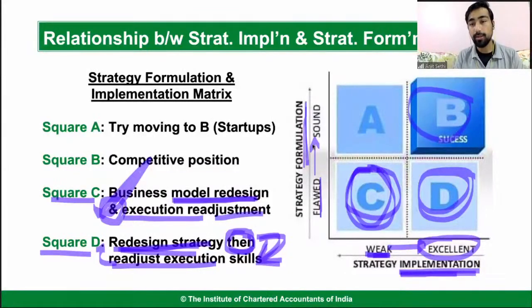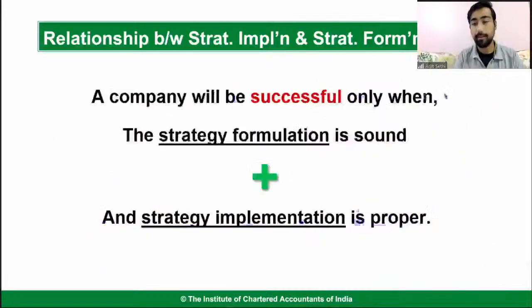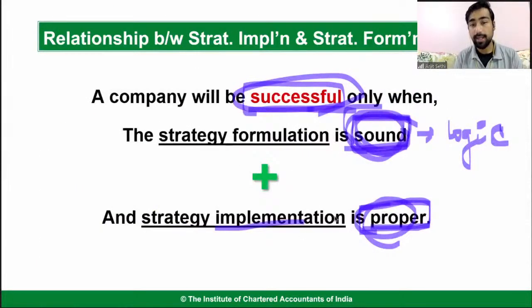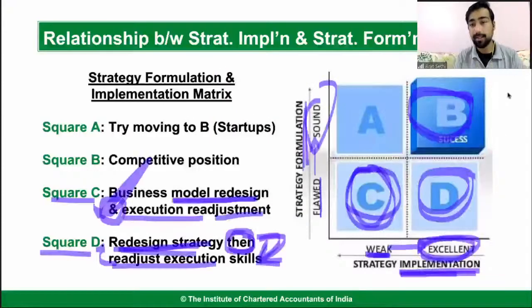B box, we know when your formulation is sound and your implementation is also excellent, it is going to be successful. When your formulation is sound and your implementation is excellent, you're going to be successful. This is box number B, right? And square A, when your implementation is weak but your formulation is sound, right?